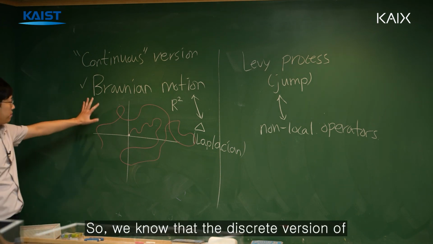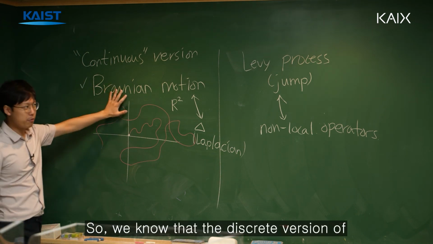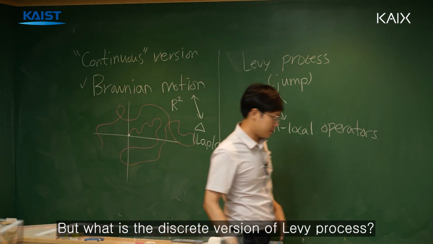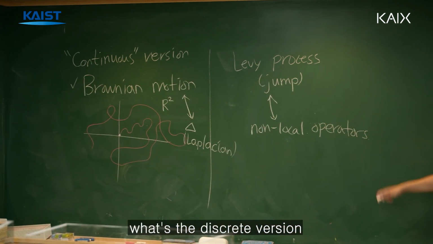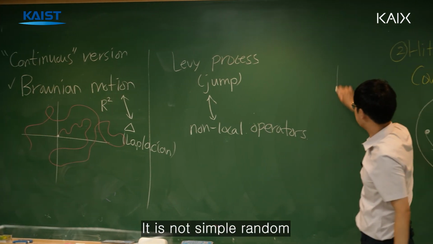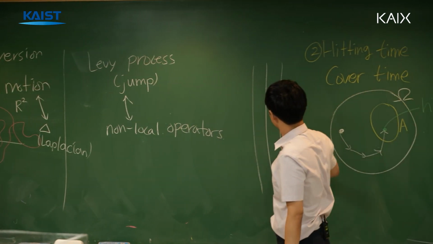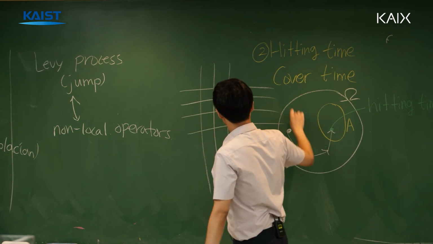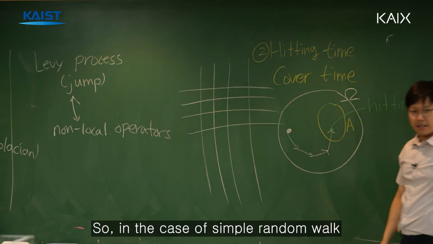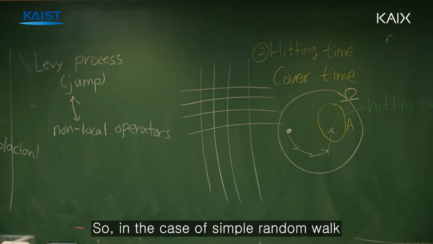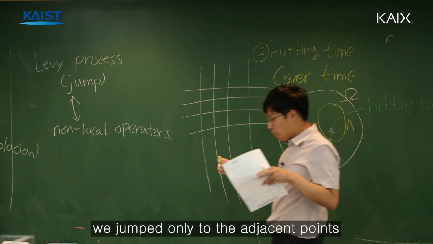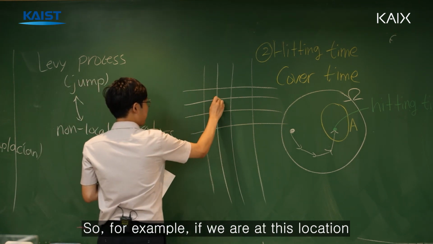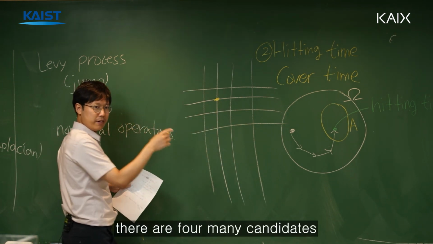So we know that the discrete version of Brownian motion is simple random walk. But what is the discrete version of the Levy process? It is not simple random walk. In the case of simple random walk, we jumped only to the adjacent points, right? For example, if we are at this location, there are four candidates, right?